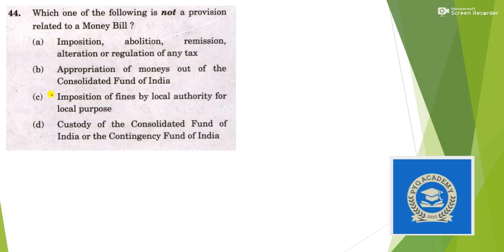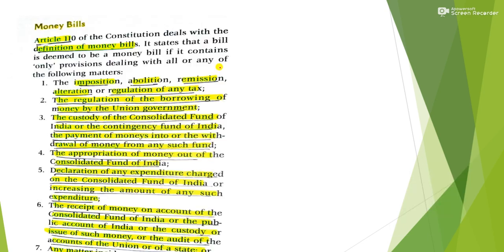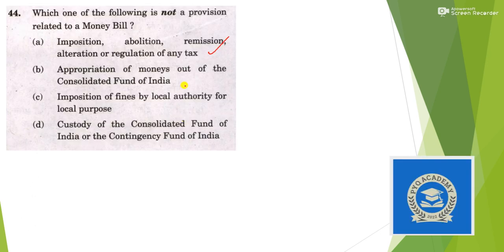Next, which one of the following is not a provision related to money bill? So imposition, abolition, remission, alteration, regulation of any tax, yes. Although you can get these wordings in the chapter Parliament in the column of money bill, so don't get confused. Actually, there is a trick to find the correct answer.